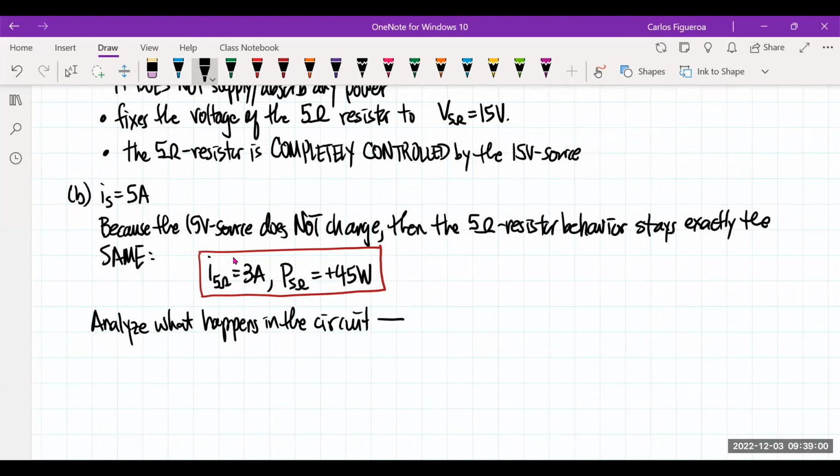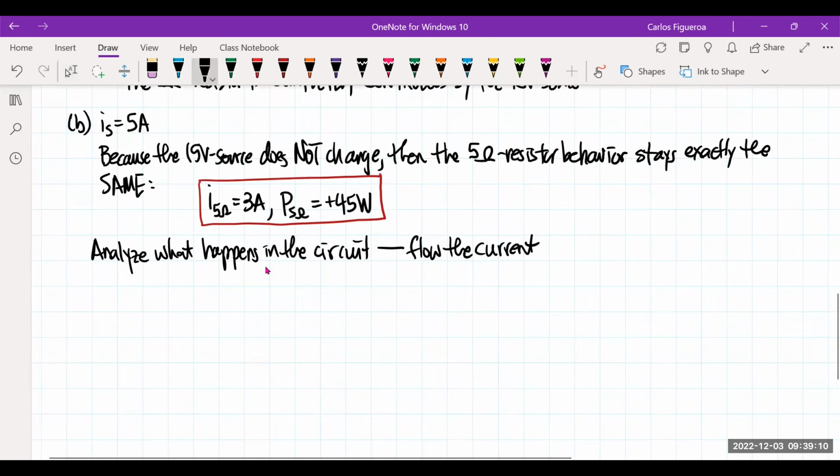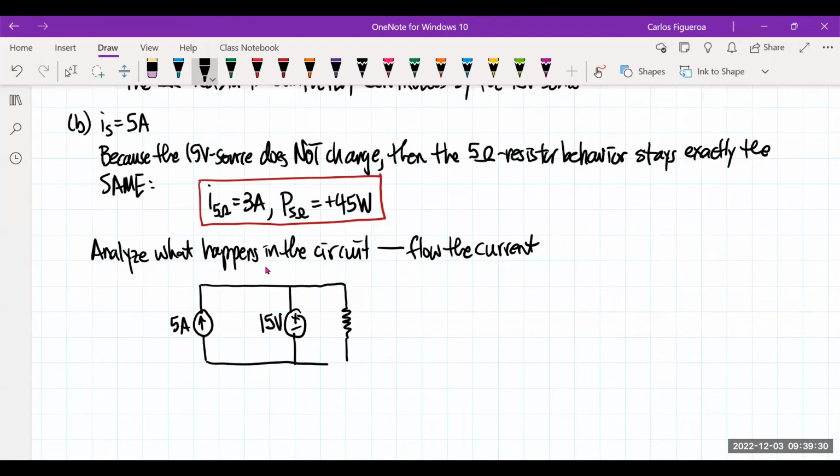And as usual, we'll follow the current. So let's write it up here. Now if I do the same thing here, again, I have my 15-volt source, and then I have my resistor. So now let's write this all up. What do I see here?